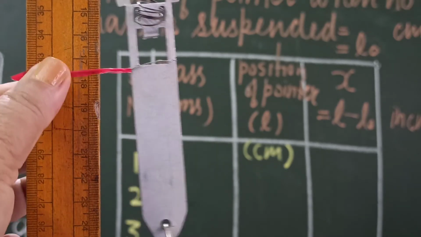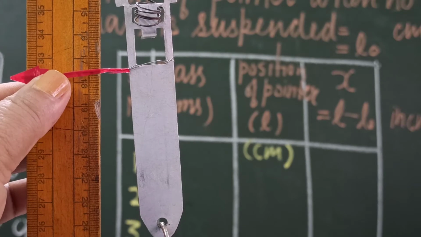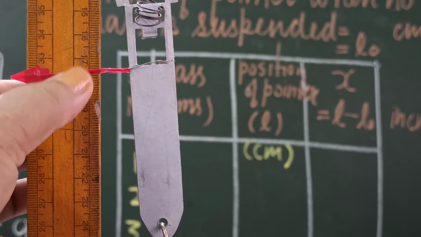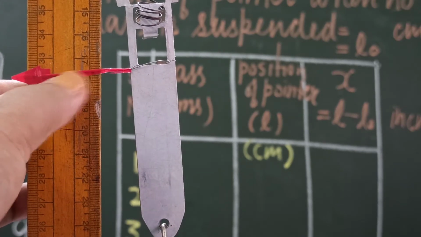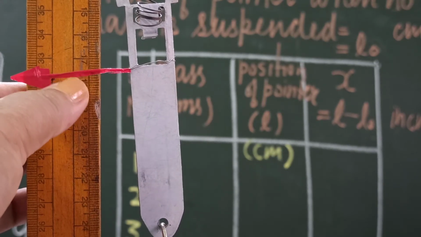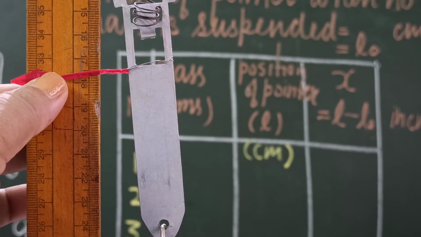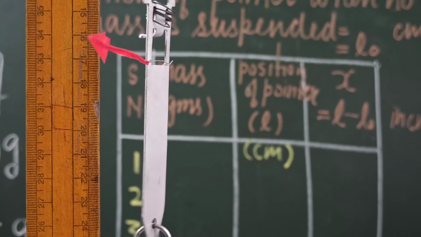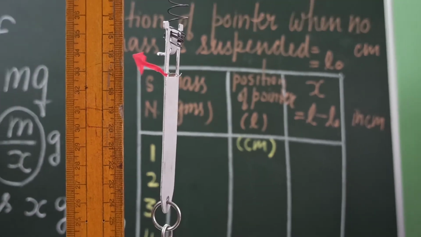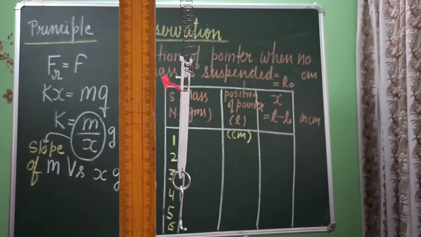Reading is 17.5. So before the mass is suspended, let me cross check it. Yes, reading is 17.5. All of you can see it? Very well. So note it down in your observation table.